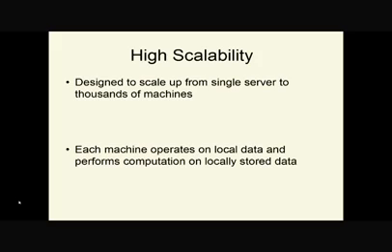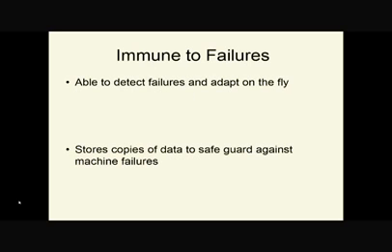Each machine or node processes data stored locally. So Hadoop eliminates the need to transfer massive amount of data across the network. Computation happens where data resides. Computation is moved to the place where the chunk of data resides.